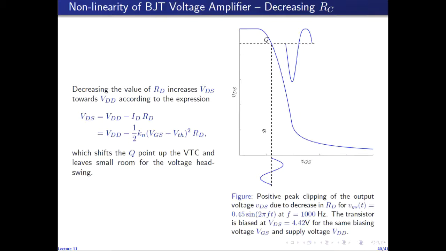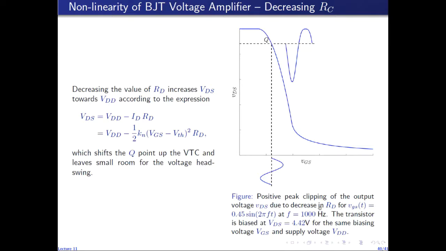This phenomenon is depicted in this figure. Please note that I have kept the input DC biasing voltage VGS and the supply voltage VDD the same. However, in order to demonstrate the clipping of the positive peak, I have increased the peak value of the source VGS to 450 millivolts, keeping the frequency the same.